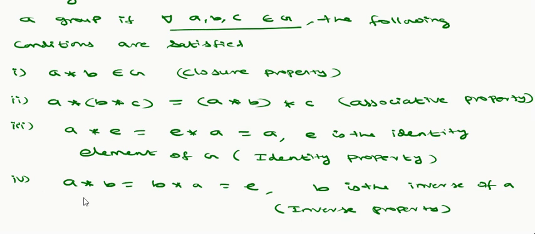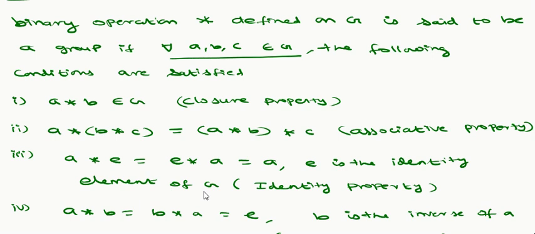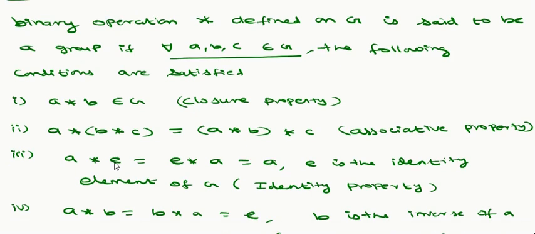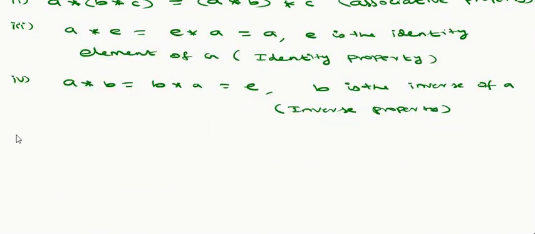Here for every A in G, there exists B in G such that A star B equal to B star A equal to E. So G together with the binary operation star, if it satisfies these four properties, we call G comma star a group.